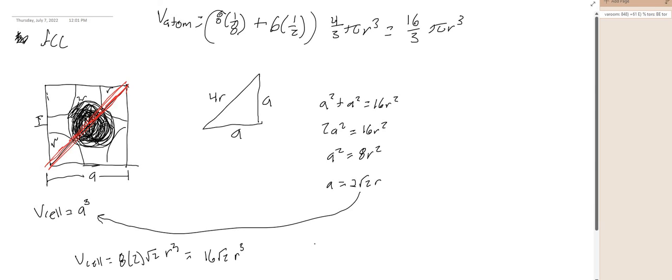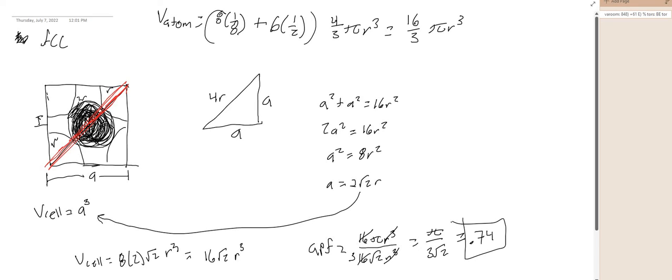So now APF is going to equal 16 pi r cubed divided by 16 root 2 r cubed. Cancels out, cancels out, cancels out, cancels. Oh, there's a 3 down here. So that's going to equal pi over 3 root 2, which should equal 0.74.